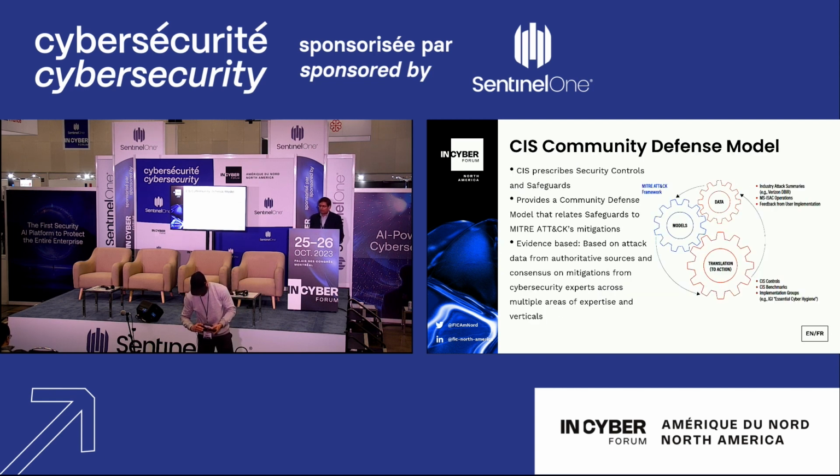So we are going to base our conversation around the Center for Internet Security's community defense model. CIS, if some of you may be familiar with the CIS controls, Center for Internet Security is a non-profit organization of IT professionals that provides guidance on how to implement cybersecurity.